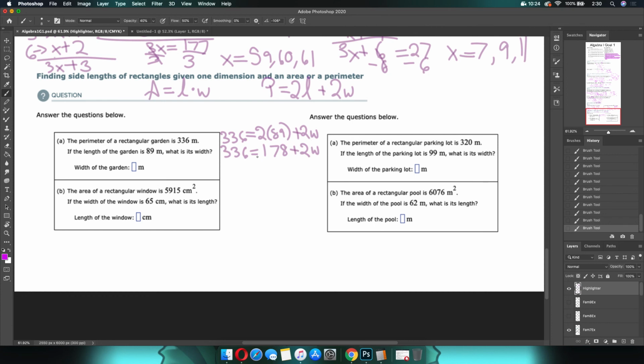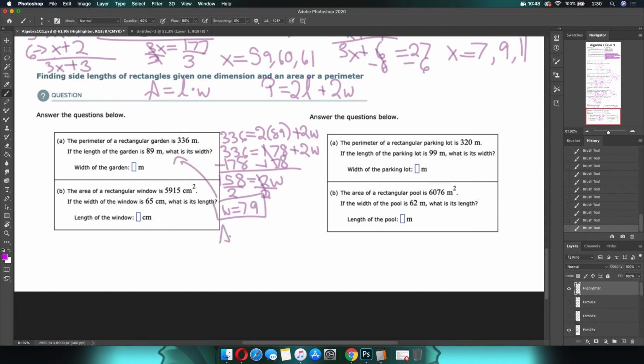All right, now, well, gee, that's a two-step. We've been solving those for the entire chapter. So minus 178, minus 178. 2w equals, let's see here, 158, divide by 2, divide by 2, w equals 79. There's our answer for the first one.